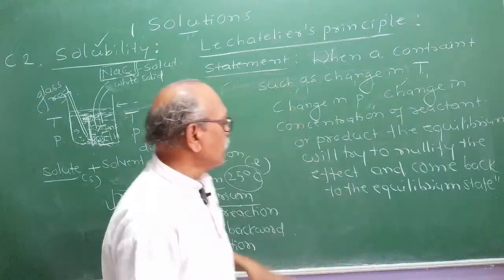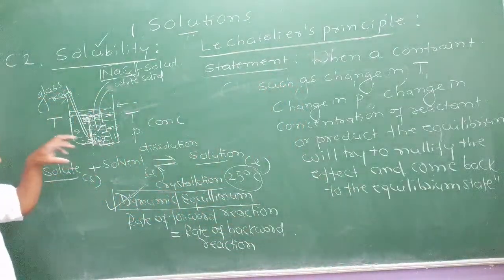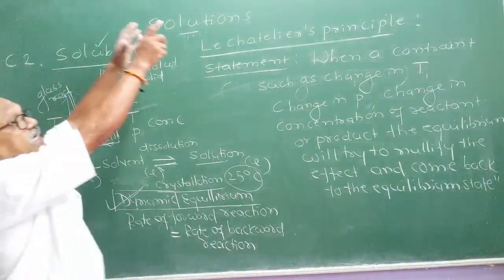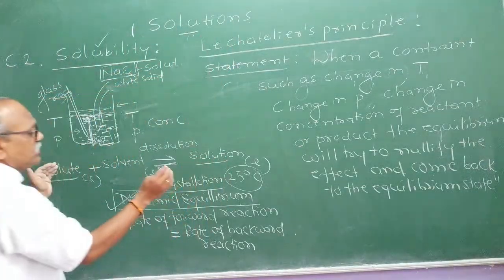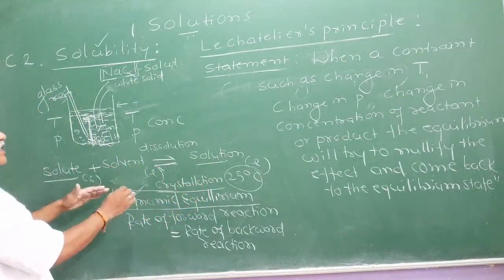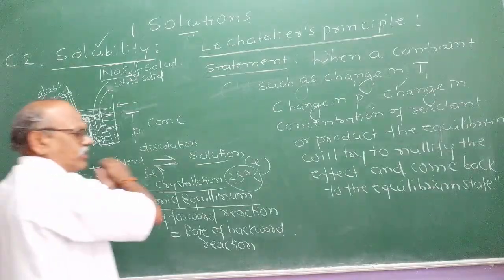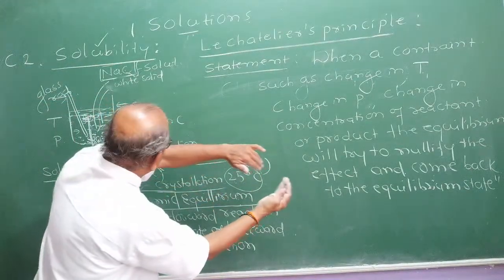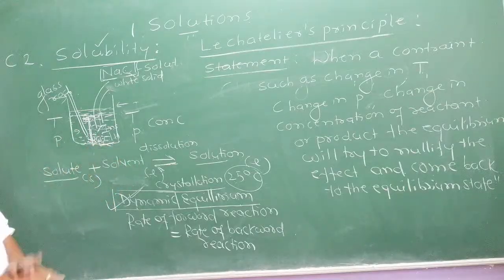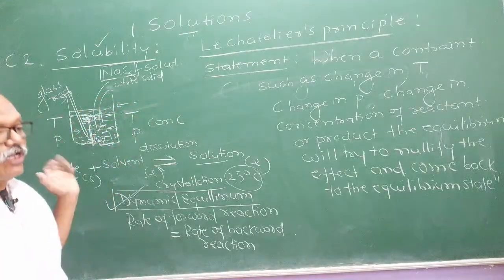Like that, whenever the dynamic equilibrium system is disturbed, Le Chatelier says that to maintain the equilibrium, either more reaction takes place in the forward direction or more reaction takes place in the backward direction, and it comes back to the equilibrium state. It will try to be in the equilibrium state.